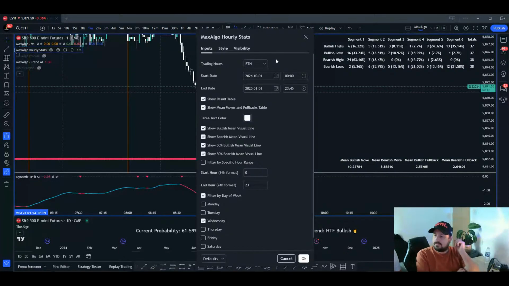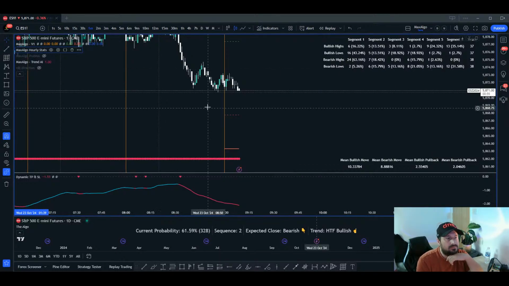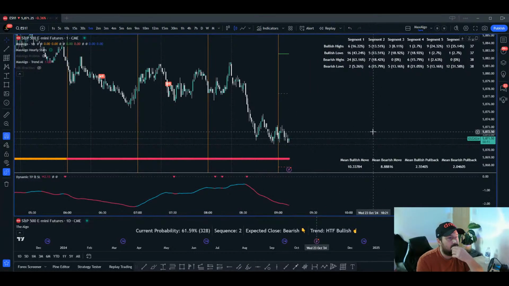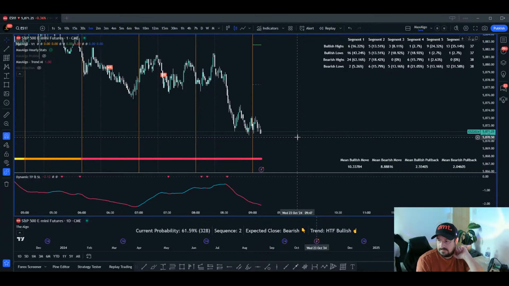To answer one of the questions in the chat, does it happen often that all probabilities line up? Yes, it does happen regularly, but the point is that you're trading with high probability, so you're staying out of the market on that particular pair until it does line up. That gives you the opportunity to trade across multiple pairs, crypto, whatever you want to be looking at, whatever your daily setup is.